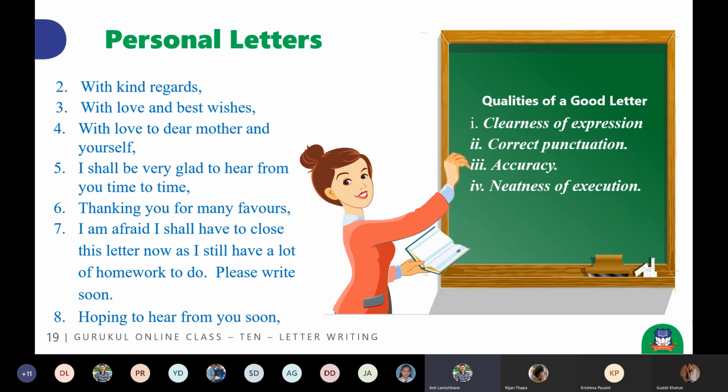Thanking you for many favors from my university. I'm afraid I shall have to close this letter now, as I still have a lot of homework to do. Please write soon. Something like that can be written there.